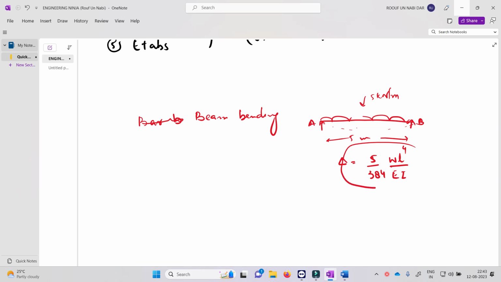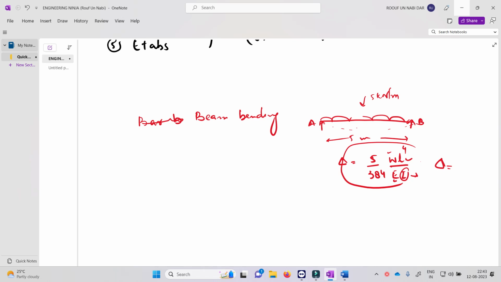Right. So once we know the load, the span, Young's modulus, the material of this beam, and the cross-sectional area, I is nothing but the moment of inertia. That depends upon the cross-sectional area of the beam. So once we know this, we can find the deflection. That is the analytical solution of the beam.